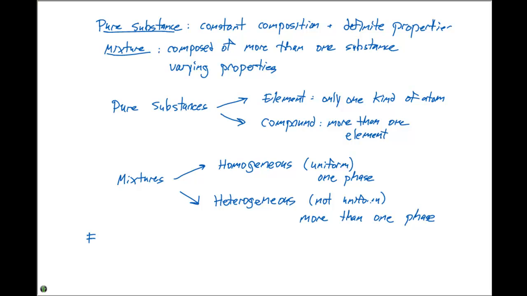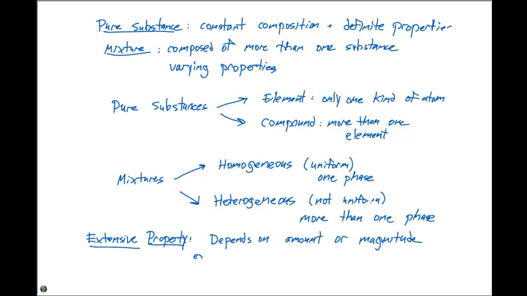An extensive property depends on the amount or magnitude. An example of this type of property would be volume or mass.